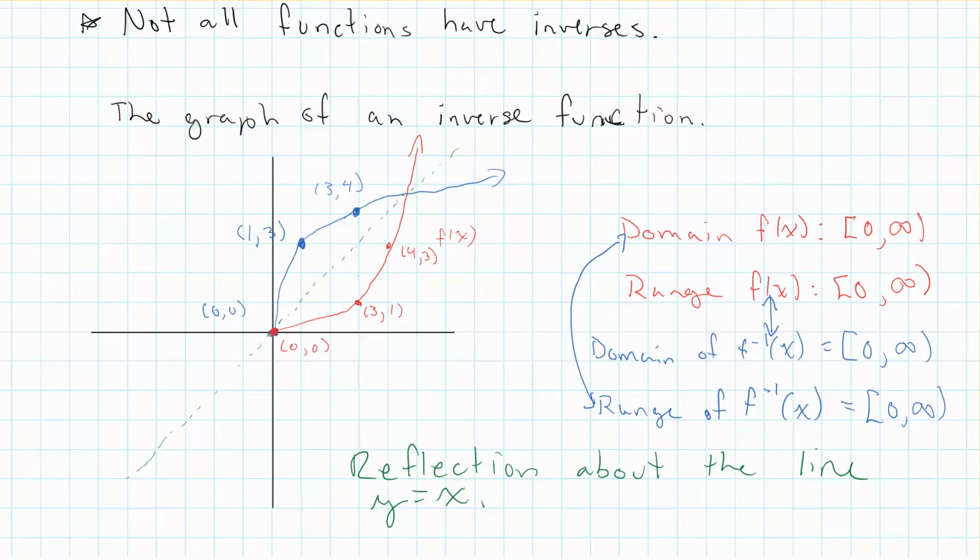Okay, and sometimes they like to say, oh look, this distance here forms a right angle, and this distance here is the same as this distance here, which is important to notice as well. But it's a reflection across the line y equals x, or more importantly, it's just swapping x and y values.